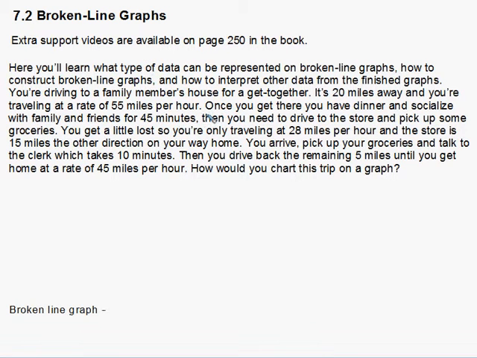So we're driving to a family member's house, and it's 20 miles away. And so we travel at 55 miles per hour. Then we get there and we have dinner and we socialize. How fast are we traveling at that point? 0. And then we drive from there to the store and pick up groceries. And we slow down because we're lost.